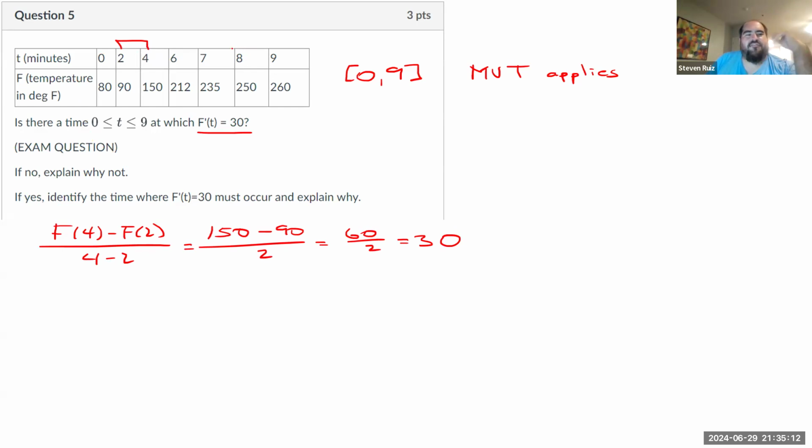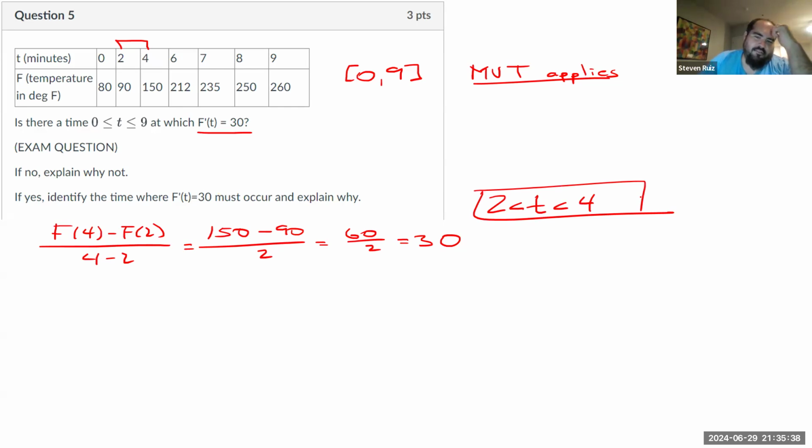The function that describes this change, or this covariation, is continuous and differentiable. So the mean value theorem applies. So on this interval, 2 is less than t, which is less than 4, there must be an exact point, an instant, where f prime of t is equal to 30.